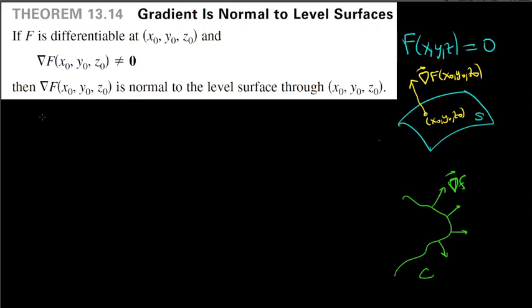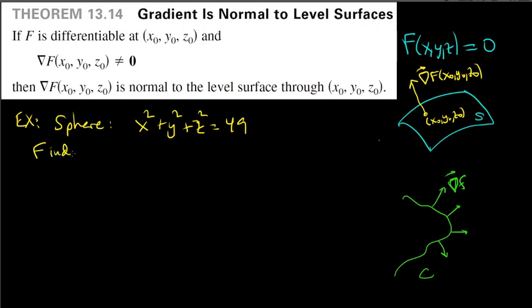So, quick example of that. Suppose we have a sphere, a pretty easy surface. x squared plus y squared plus z squared is equal to 49. We want to find a vector perpendicular to the surface, so find a normal vector to the surface. That's easy enough.